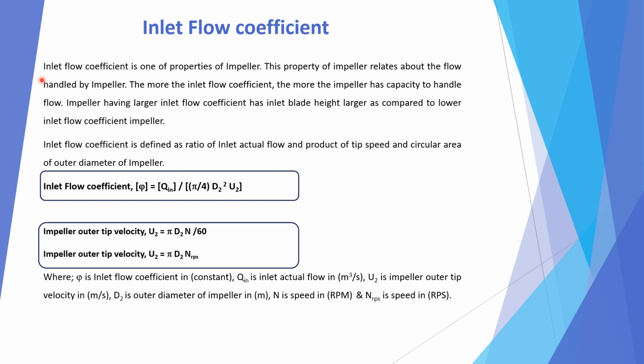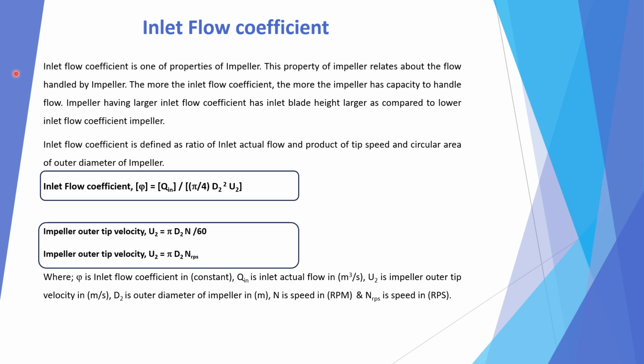Inlet flow coefficient is one of the properties of impeller, and this property relates to the flow handled by the impeller. The more the inlet flow coefficient, the more the impeller has capacity to handle the flow. Impeller having larger inlet flow coefficient has inlet blade height larger as compared to low inlet flow coefficient impeller.